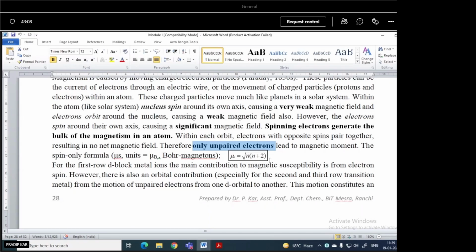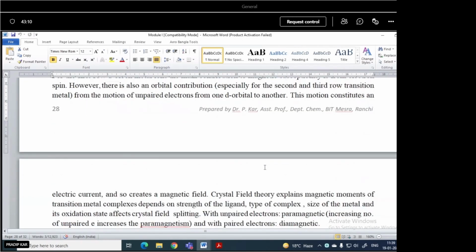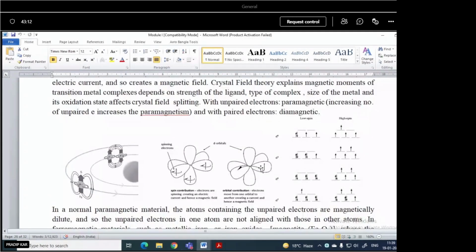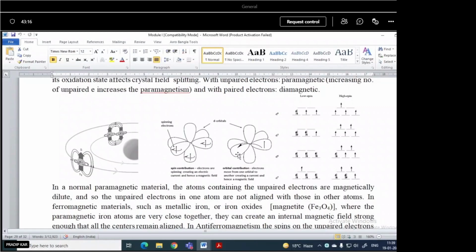So for a coordination complex, here is the figure as I have explained. This is d7. For d4, there is low spin and high spin.